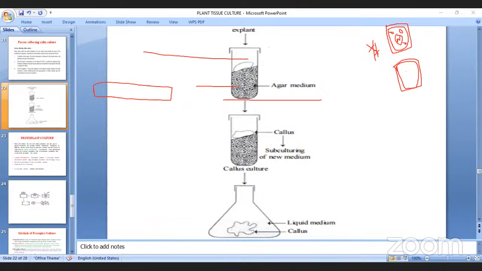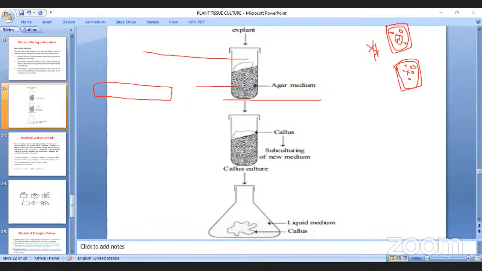But here, without the nucleus, only the rest of the organelles present is called cytoplasm. That is the difference between protoplasm and cytoplasm, right? Is it clear?